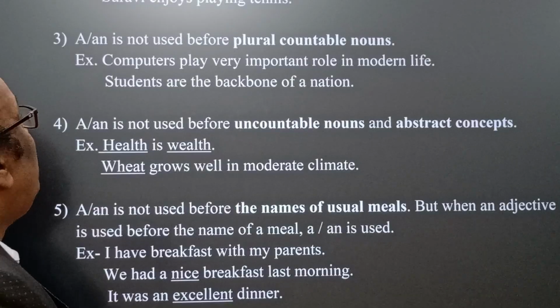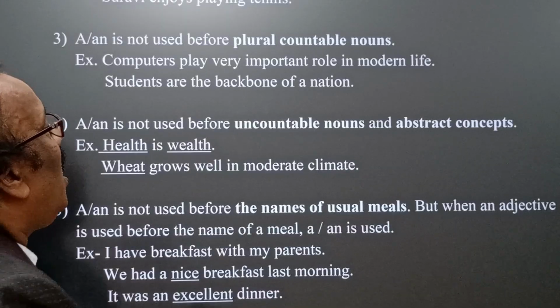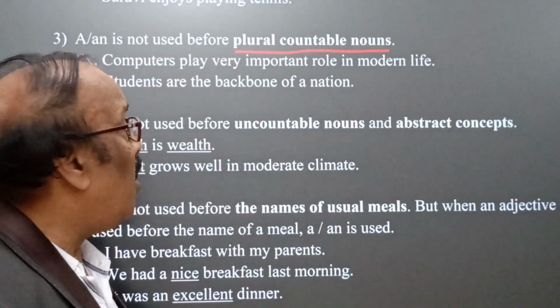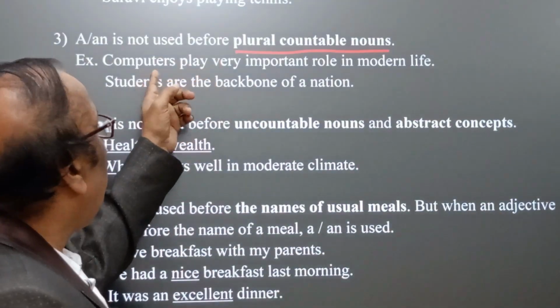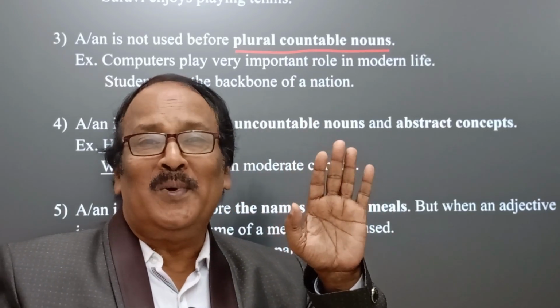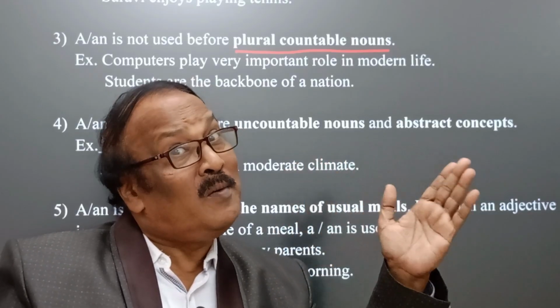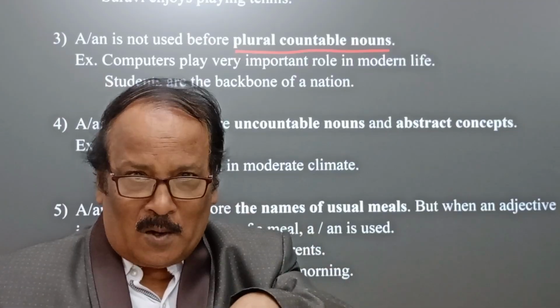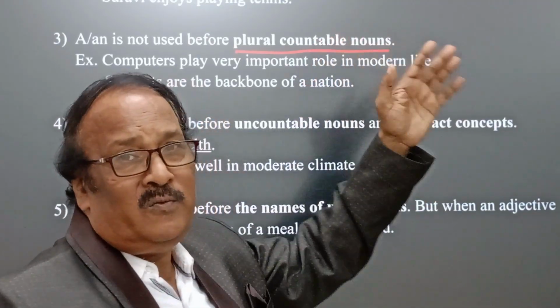Okay, a is not used before plural countable nouns. This is another concept. Here we find that article a or an is used only before singular countable nouns, neither before plural countable nouns nor before uncountable nouns, and therefore here this is very clear.